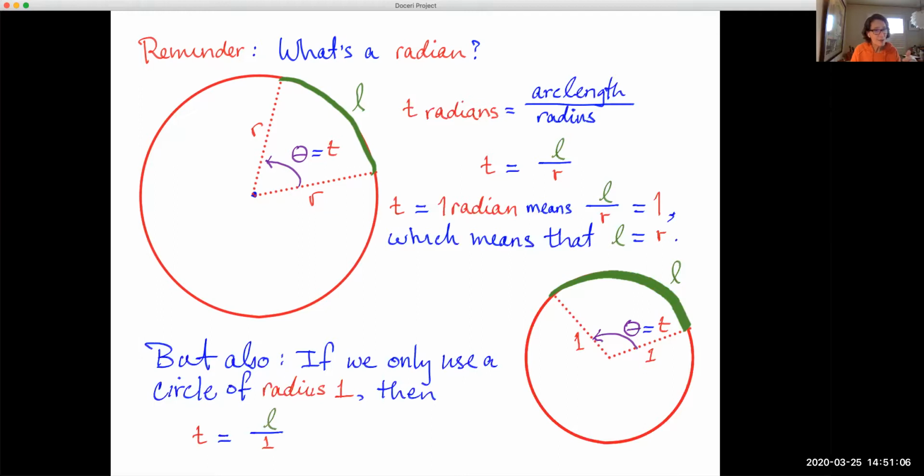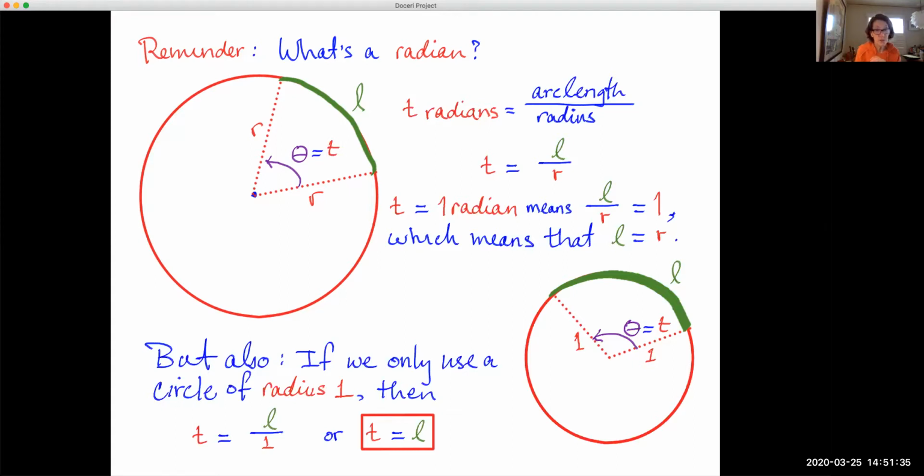So t is equal to L over 1, which means t is equal to L. So the angle is the same as the length of the circle that the angle chopped off, which seems weird to most people. So the measure of that angle is the same as the length of a piece of string, right? That's kind of weird.